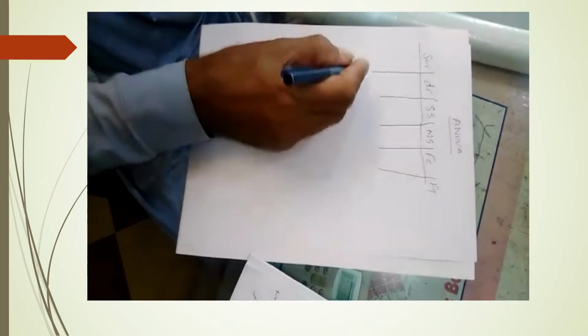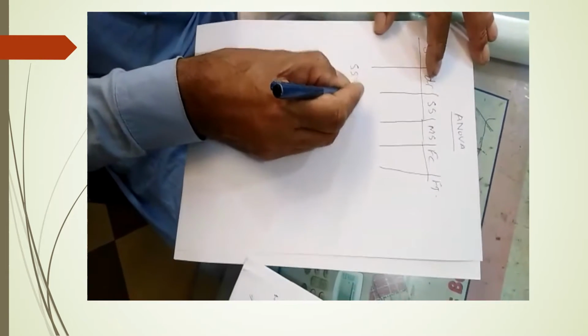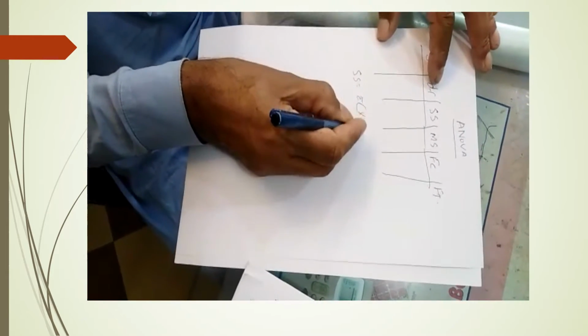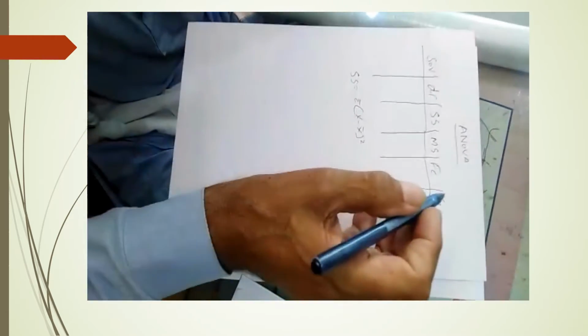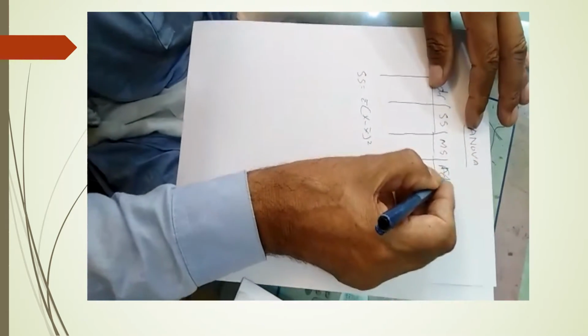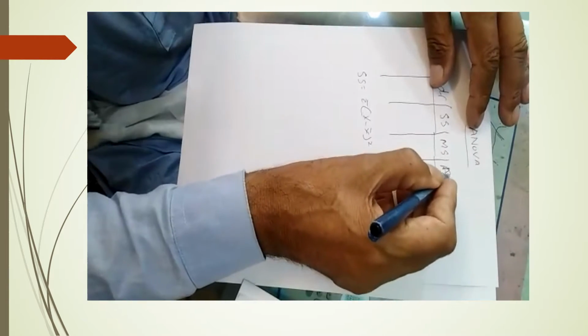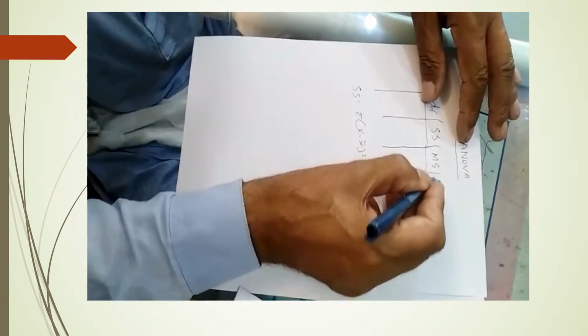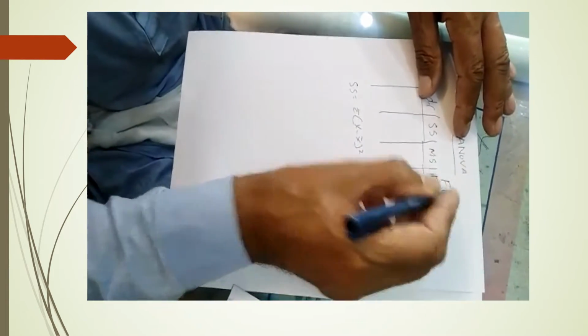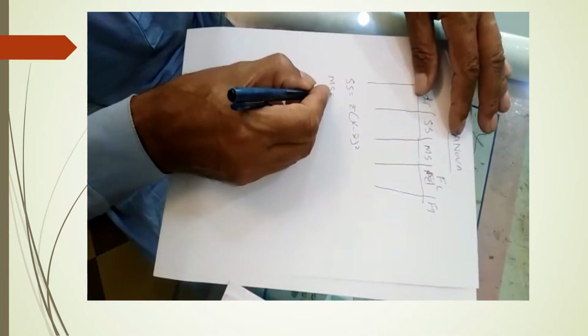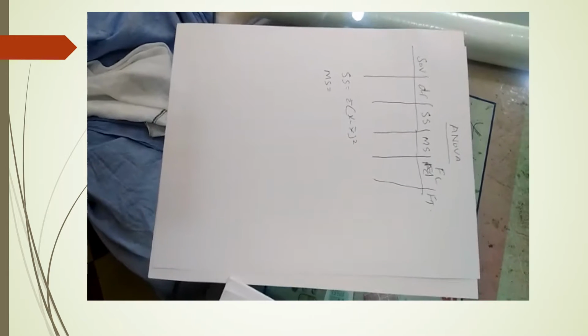SS stands for sum of square, that is equal to the summation of x minus x bar, squared. Then mean square, MS, is equal to the sum of square divided by the degree of freedom.